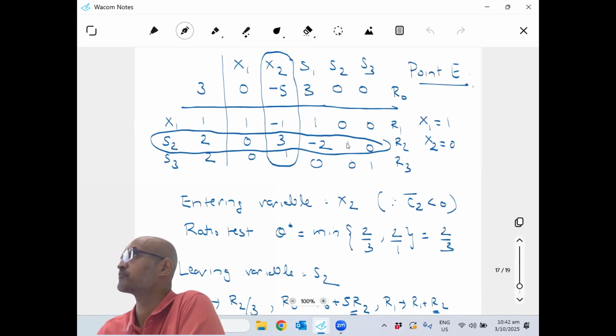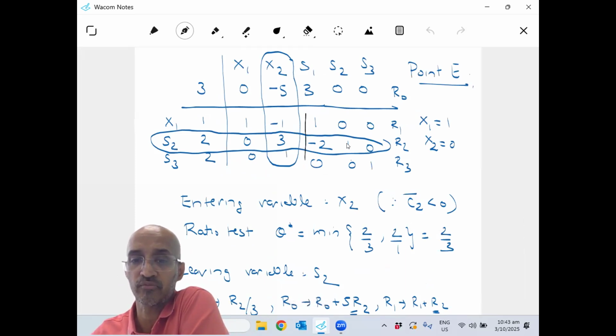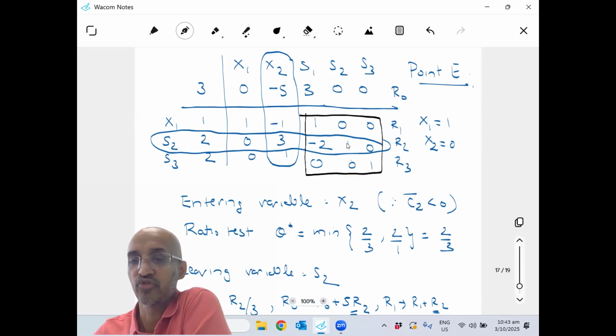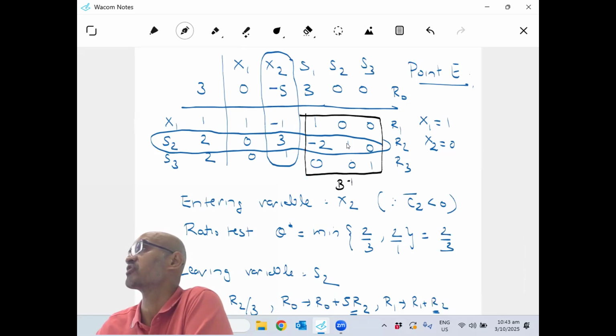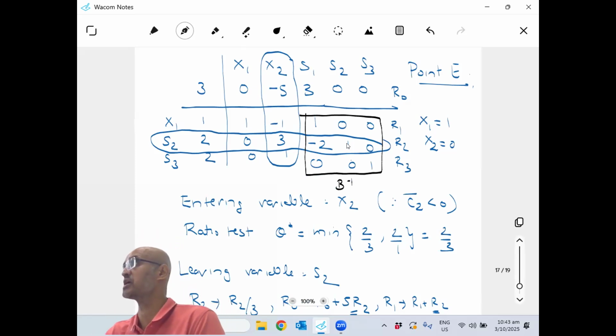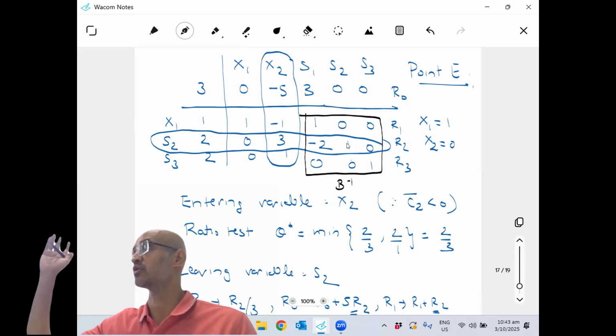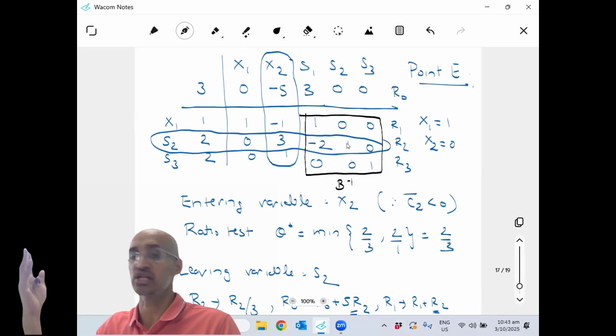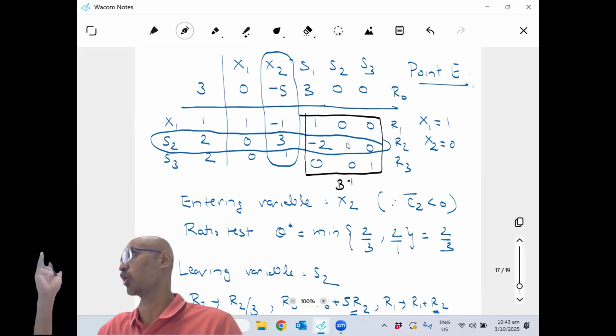Let's take point E. X1, S2, and S3: the basis matrix will be these three columns. This is going to be B inverse for this basis matrix. You can go and verify it. Take the columns of the A matrix corresponding to X1, S2, and S3, take that matrix, invert it, use any linear algebra package or do it by hand.